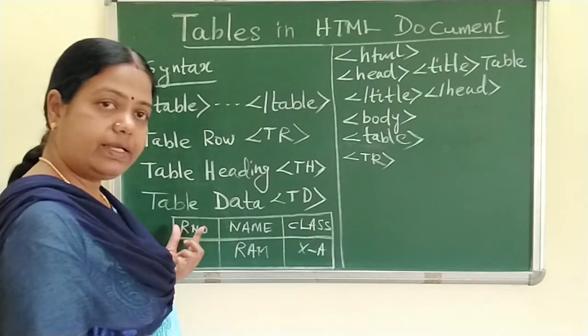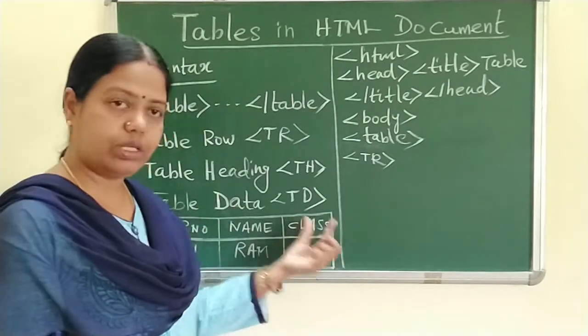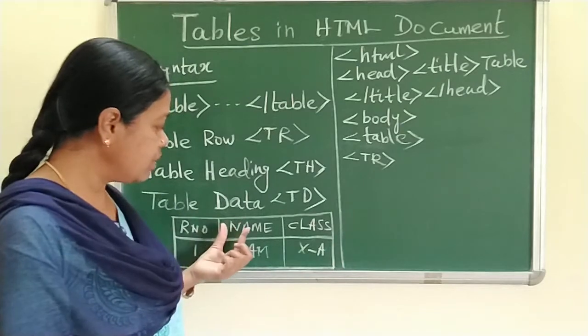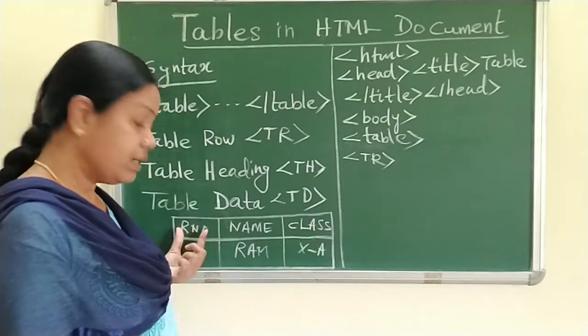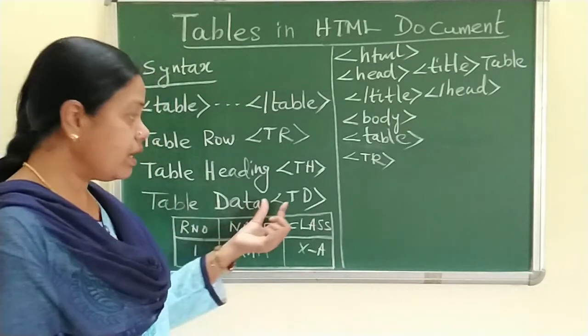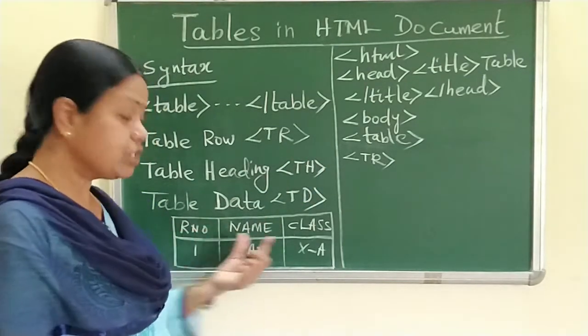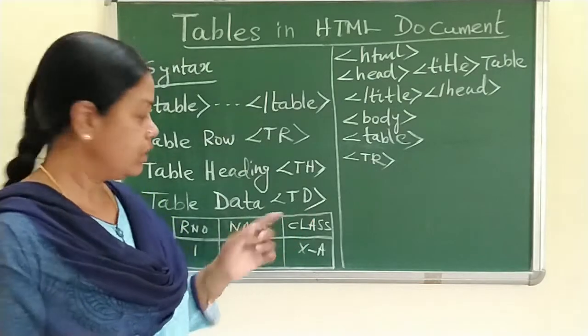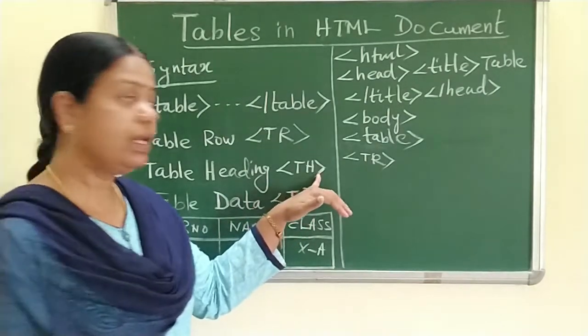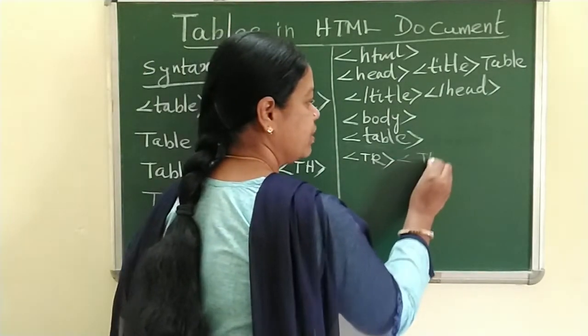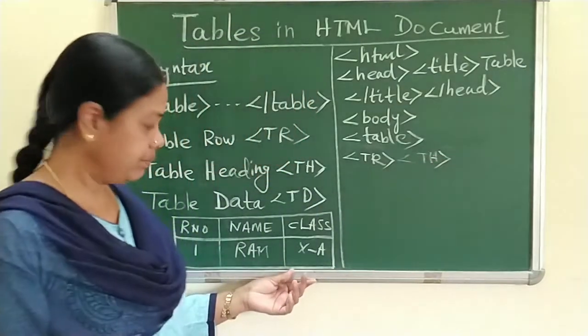and then the table has 3 columns. The 3 columns may be data or a heading. But in this example table, the first row is the heading. So we have to use the table heading, th. Table heading.